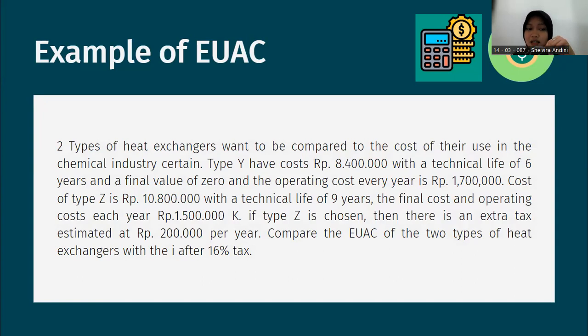Type Z costs 10,800,000 with a technical life of 9 years. The final value is 0 and the operating cost each year is 1,500,000. If type Z is chosen, then there is an extra tax estimated at 200,000 per year. Compare the EUAC of the two types of heat exchanger with an interest rate of 16% after tax.